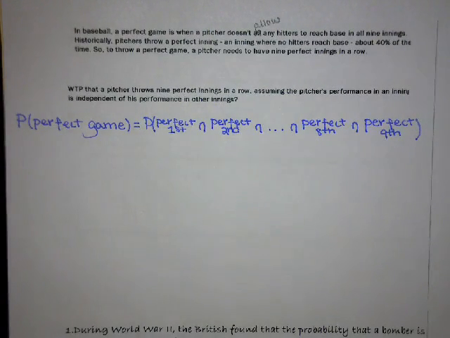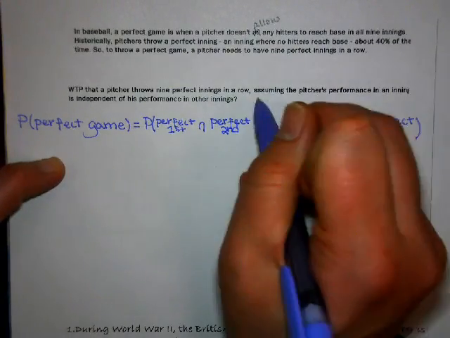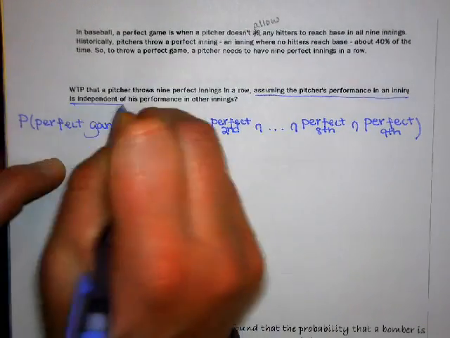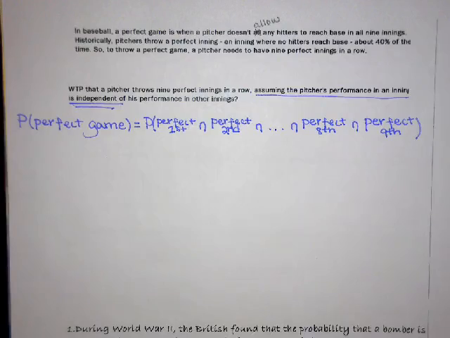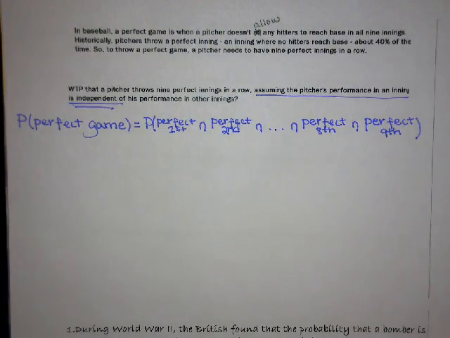That means we get to use our new multiplication rule for independent events.